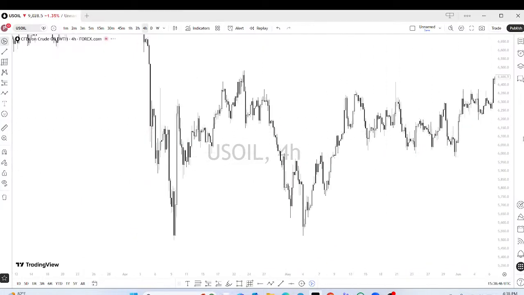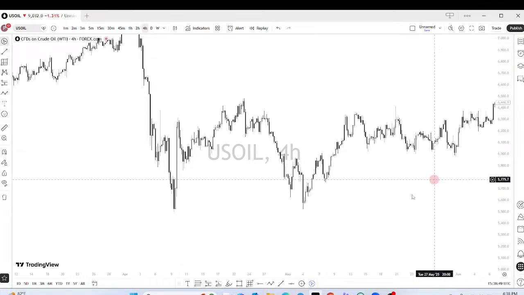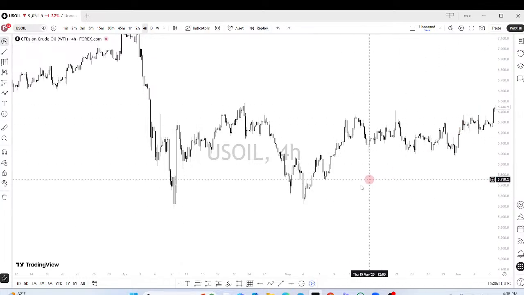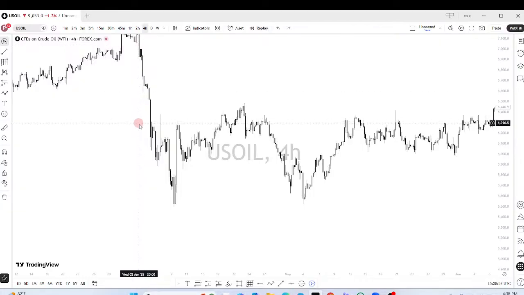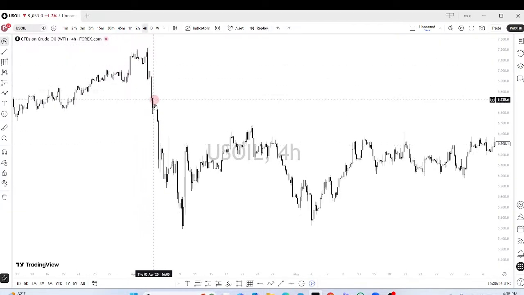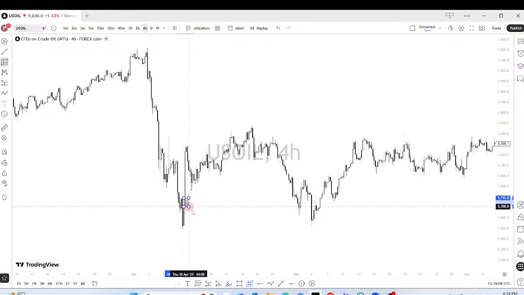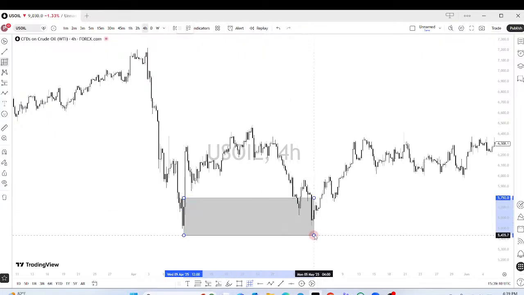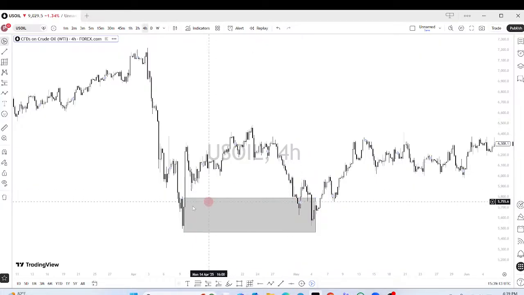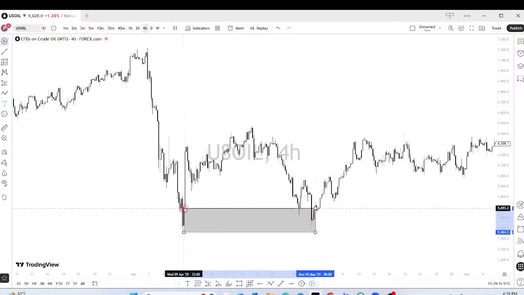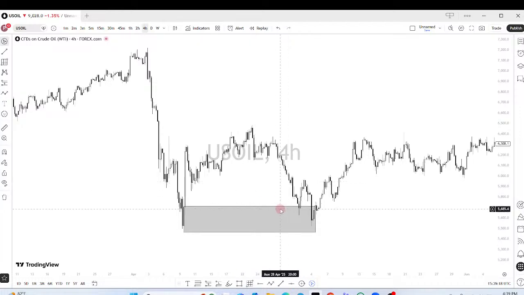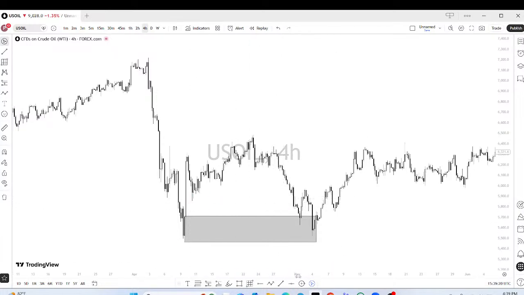Look at this chart here now. Price was coming to the downside, right? And then this was the last break of structure to the downside. And then price moved up. Then we have this demand here. We have this level here. We have this one as liquidity.